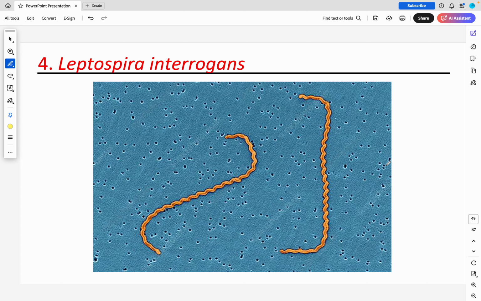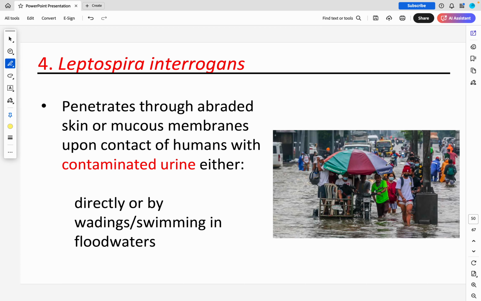Let's take a look. Okay, so here you can see Leptospira interrogans, tightly coiled compared to the other spirochete species. So how does Leptospira interrogans gain access to the human host? It penetrates through abraded skin or mucous membranes upon contact with contaminated urine, either by directly wading or swimming in flood water.